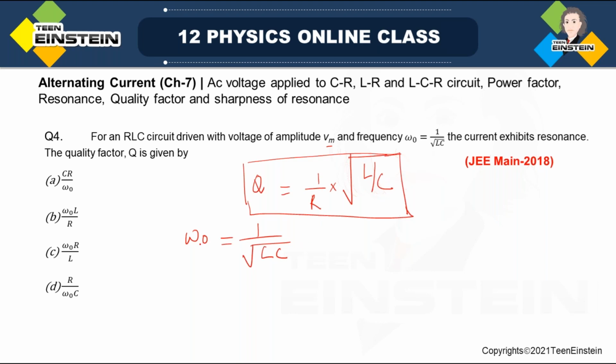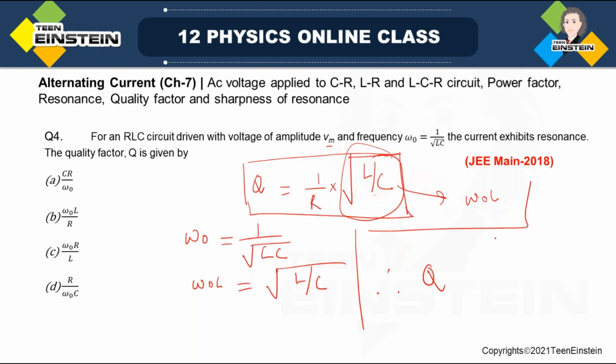Now omega 0 is given as 1 by root over LC. So if I just multiply omega 0 in the numerator of both sides, then I'll be able to get L by root over L by C is equal to omega 0 L. So this factor becomes omega 0 into L. Therefore, quality factor Q will be omega 0 L by R. So this is the answer.